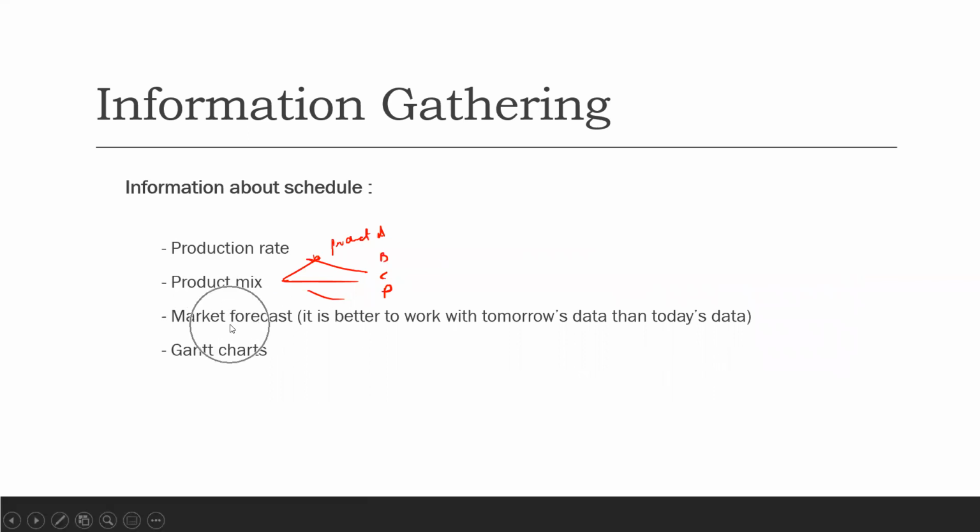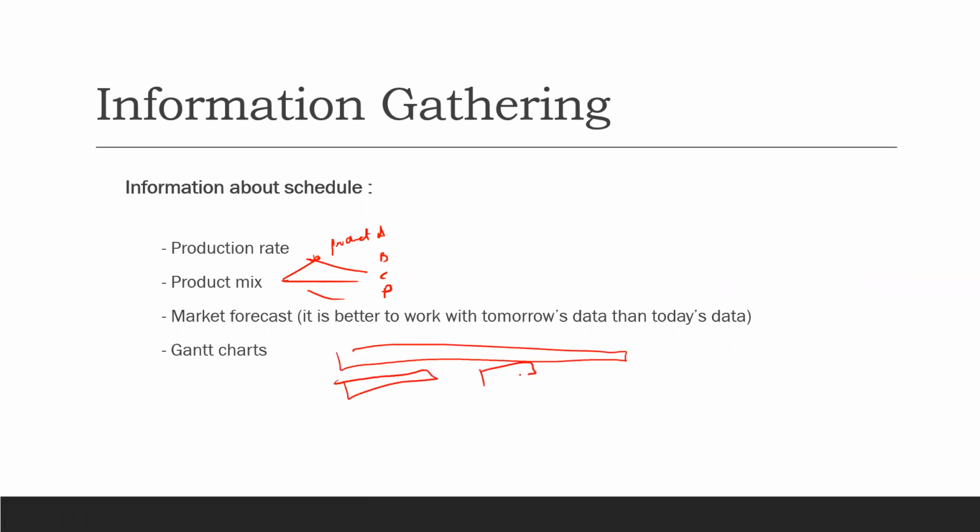And also yung market forecast and yung plano para sa kanya. Gaano ba ka-frequent natin ipoproduce si product A in the long run? Si product B, ganito lang dapat yung run niya. Then, ito si product C. Then, ito si product D. Okay, so you should understand the schedule in order for you to come up with a better plan.